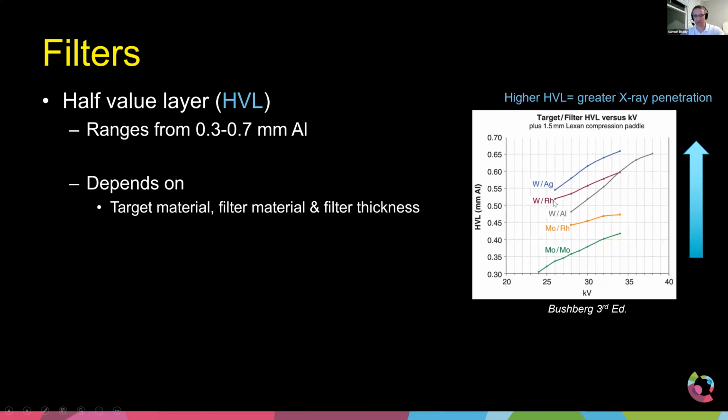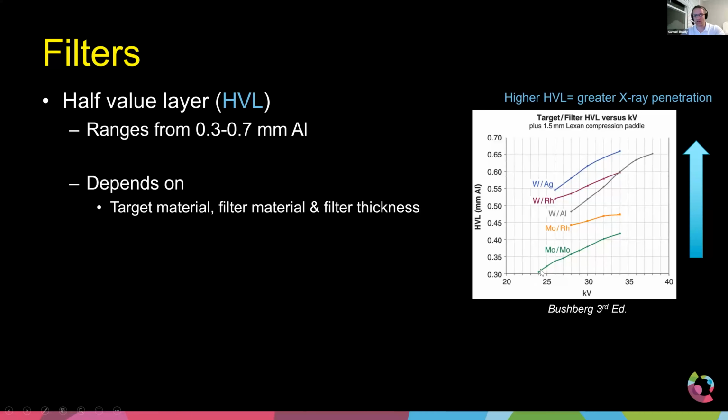Tungsten-gold, tungsten-rhodium, tungsten-aluminum. These have higher quality, so they have better penetration through the breast without scattering, so that you get photons in and photons out and incident on the detector. That gives you really, really good contrast.